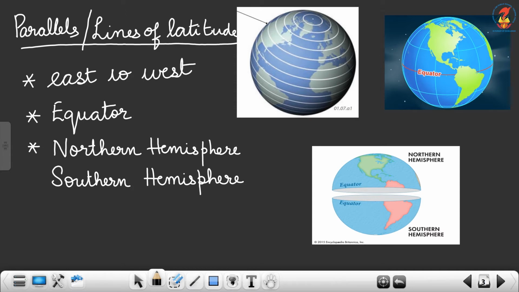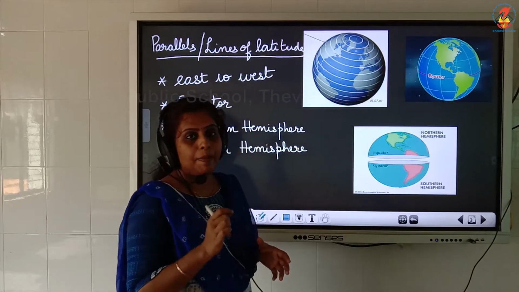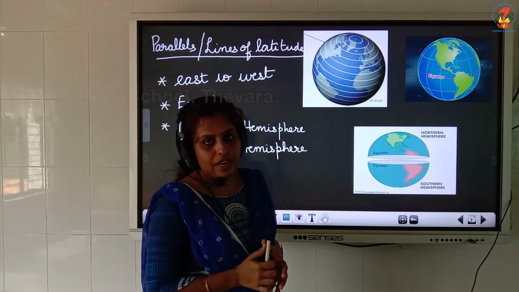You can see the first picture. Those are the lines that run from east to west. All the parallels are complete circles. They are a set of circles, okay? And these circles run from east to west. Those imaginary lines are called parallels or lines of latitude.